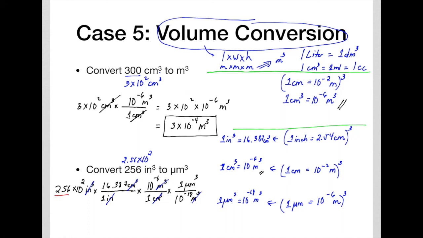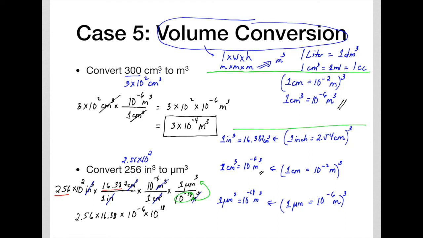We have here 2.56 times 16.38. I should press that in my calculator. So we have here 10 raised to negative 6, and then times 10 raised to 18. Why 10 raised to 18? Simply because this, I put it on top, and applying the exponential rules in mathematics.